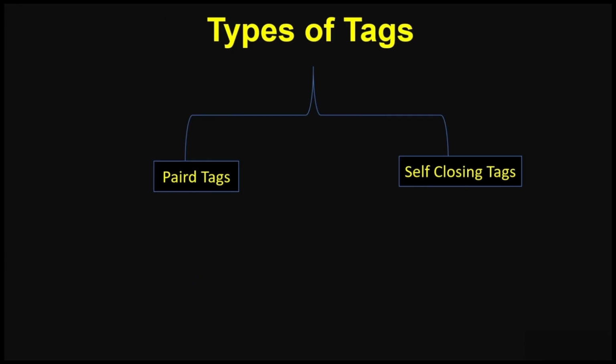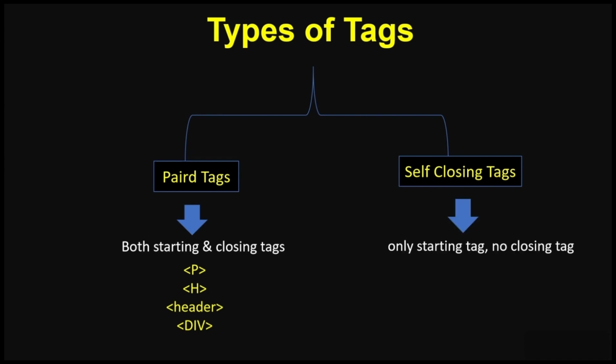Types of HTML tags. There are mainly two types of tags, paired tags and self-closing tags. A paired tag has both starting and closing tags. For example, paragraph, heading, header, and div are paired tags, while self-closing tags have only a starting tag and no closing tag.